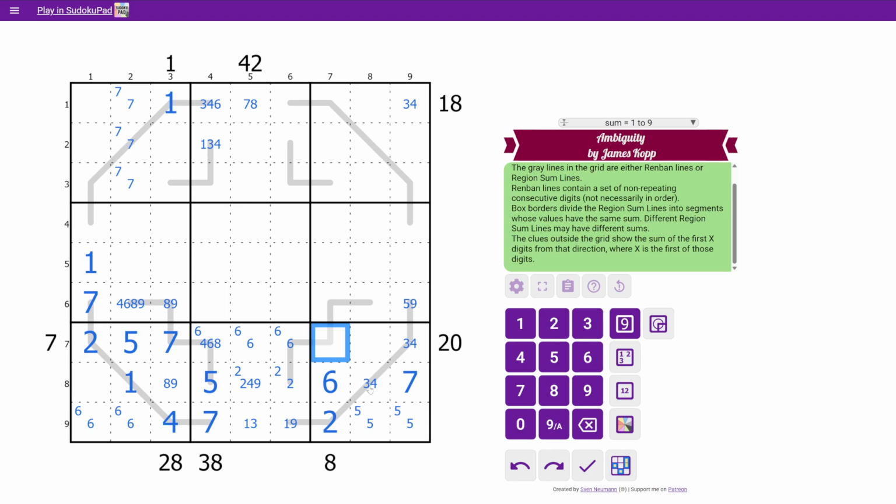This would be 4. And this would be a 9, 9. And this would have to equal 8. Couldn't be a 7, 1. Couldn't be a 6, 2, but it could be a 5, 3. That would work just splendidly.